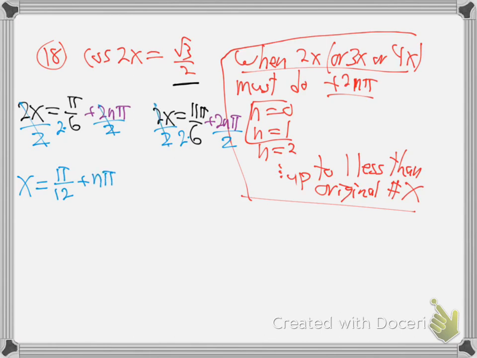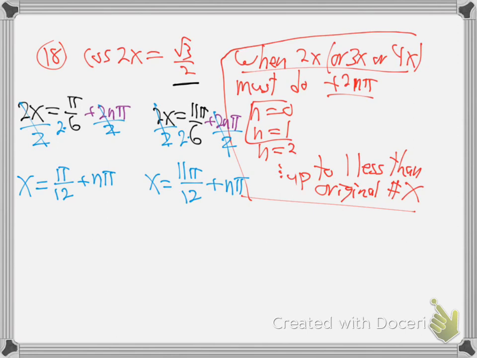And over here, x equals 11 pi over 12 plus, the 2's cancel, n pi. Everybody good to there? Is that making sense? So pi over 12 plus n pi, and 11 pi over 12 plus n pi. Now we got x alone in both cases.